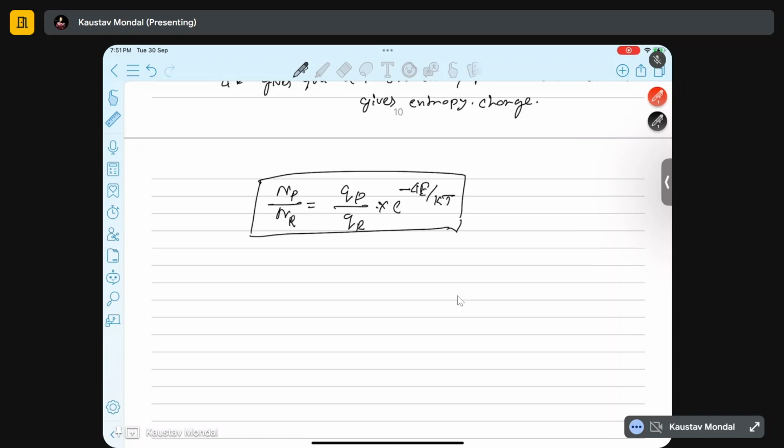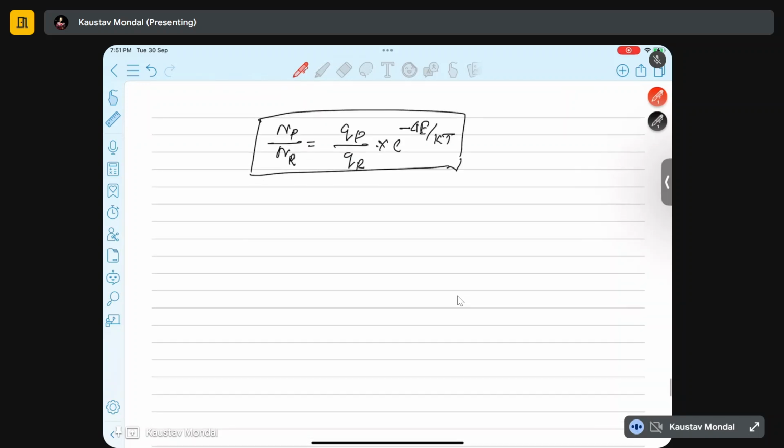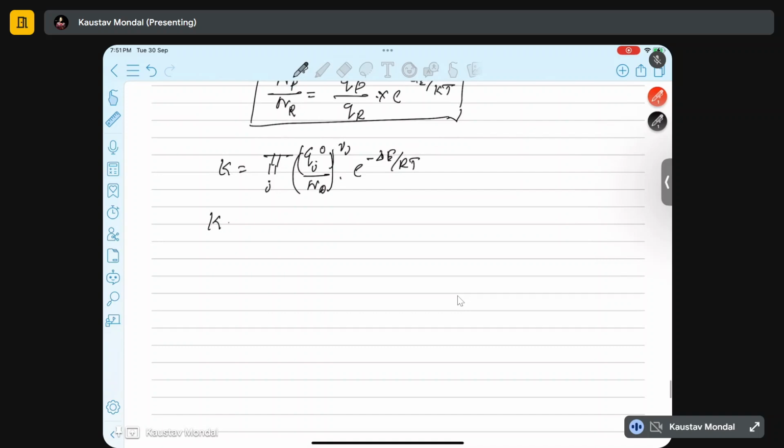Because for K also, if you look at the relation of K, it's also written like this, right? Now for this kind of product and reactants, you can write it as K equal to Qp by Na divided by Qr by Na into e to the power minus delta E by RT, right?